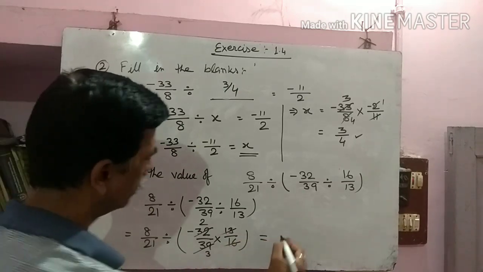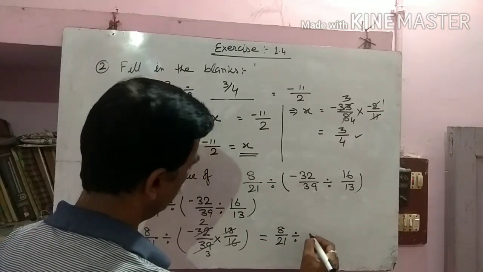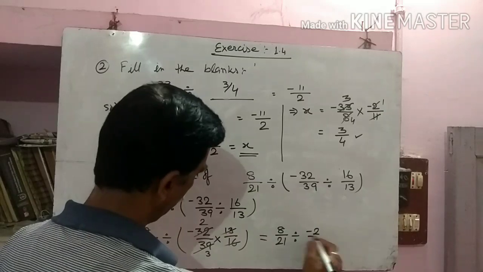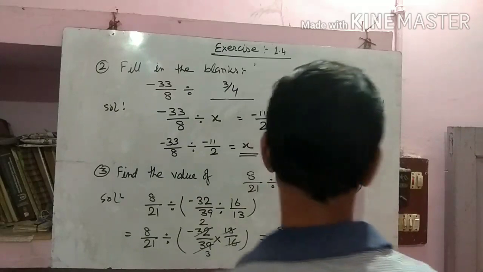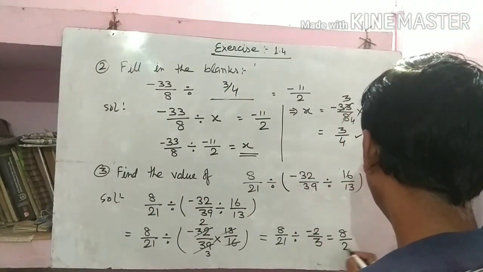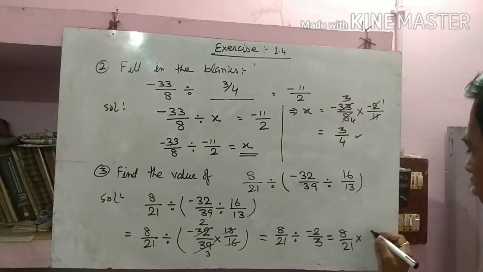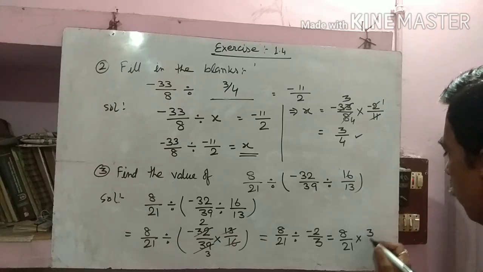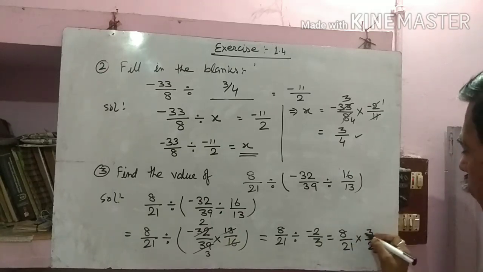So what will we get? 8 by 21 divided by minus 2 by 3. Is it? Now the next step, we can write like this: 8 by 21 multiplied by the reciprocal of that number, which is 3 by, actually minus 2, but we have written the standard form, so the denominator can't be negative.